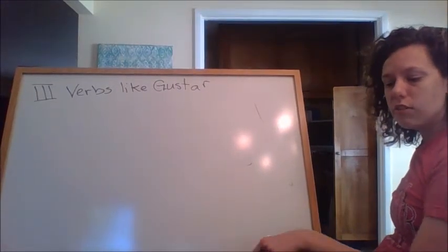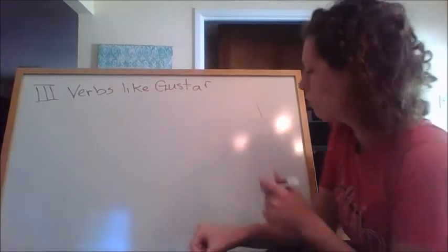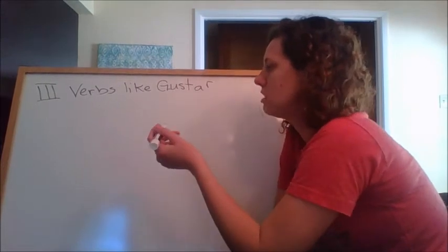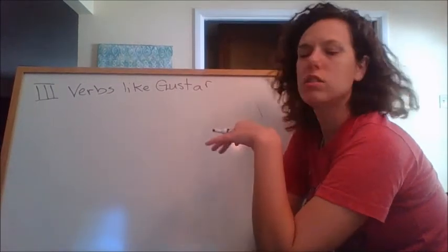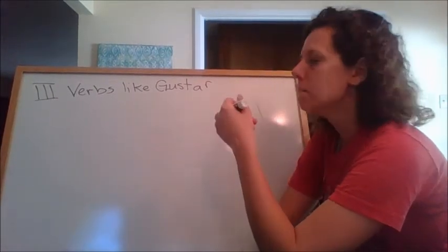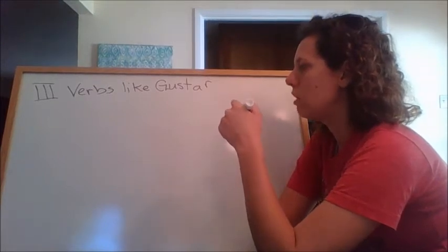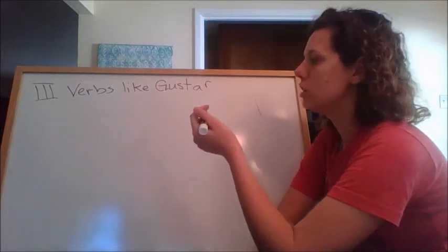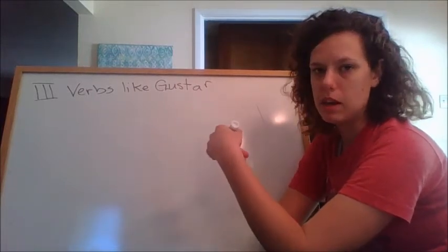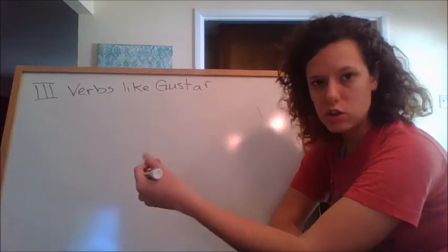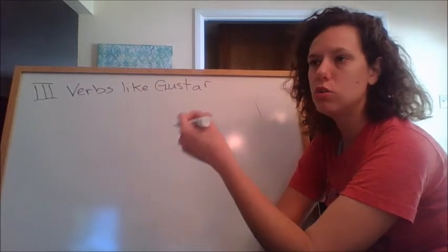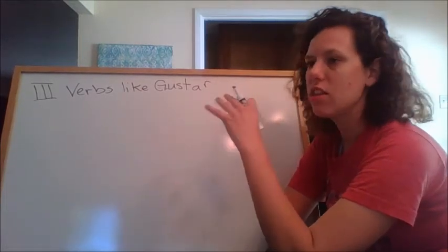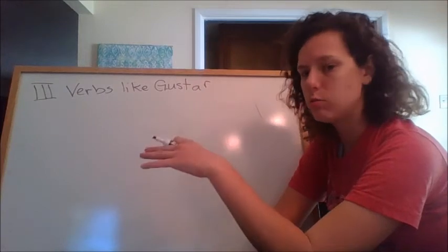So this is going to cover stuff like, if you have gustar, remember, gustar is not conjugated typically. We don't say, yo gusto el pastel, like I like cake. We translate it, the cake is pleasing to me. So we use indirect objects to indicate to whom it is pleasing, and then the thing that is being liked is the subject.